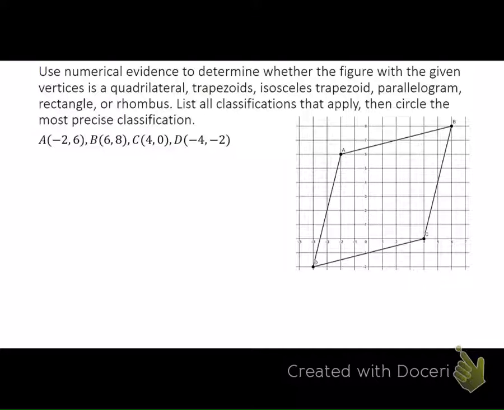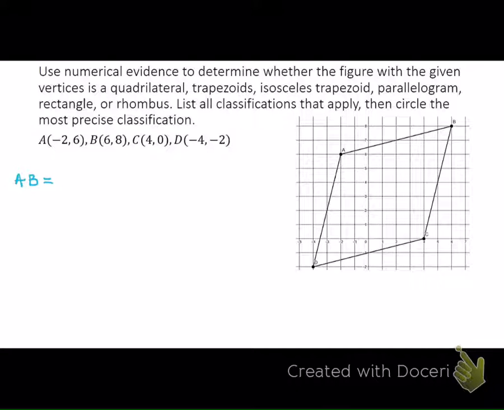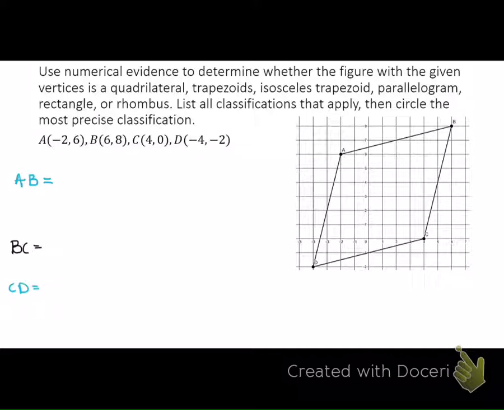So first things first, I am going to find the slope of all of my sides, because that's always the first step. AB, BC, CD, and AD, sorry.